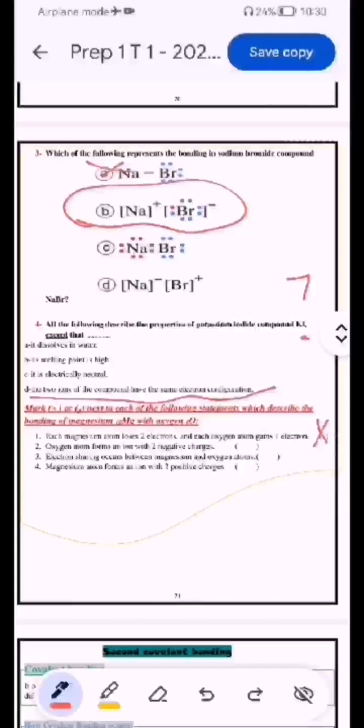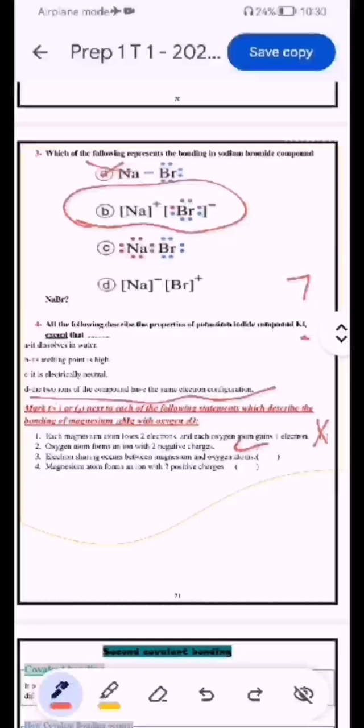It's false, it gains 2 electrons also. The electrons lost by magnesium will be gained by oxygen. Number 2, an oxygen atom forms an ion with 2 negative charges. Yes, it will gain 2 electrons and become a negative ion with 2 negative charges.